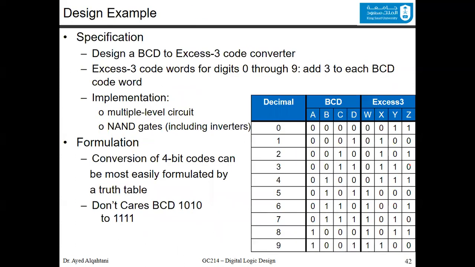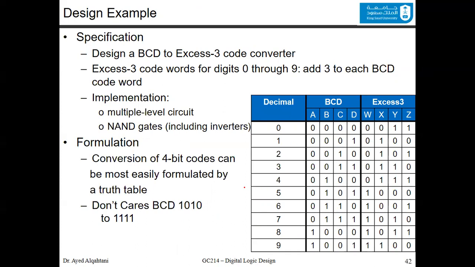As a design example, this is the specification: you want to design a BCD to X3 code converter. So you go back to what we studied, and you know that the BCD is starting from 0 to 9 this way, and the X3 for 0 is this way, and for 1 is this way.